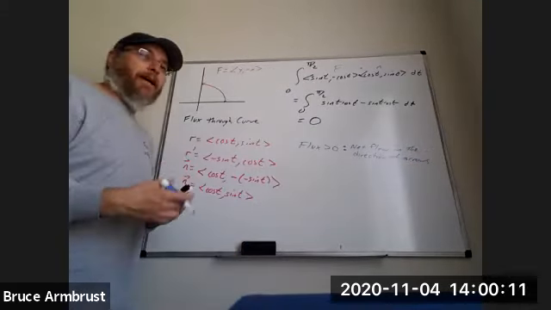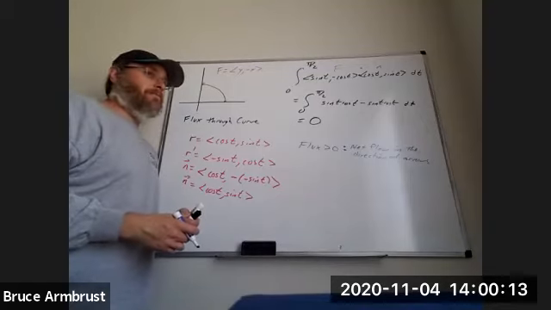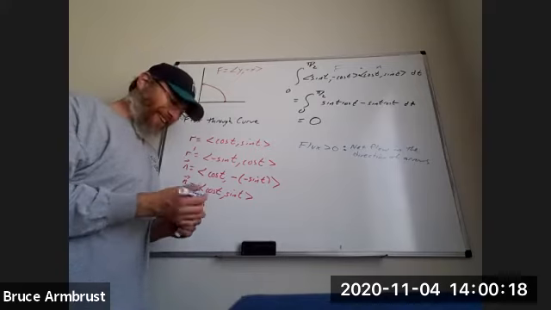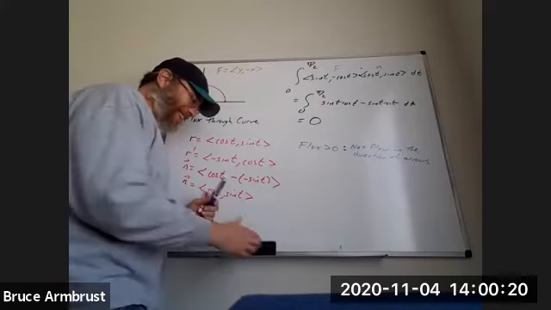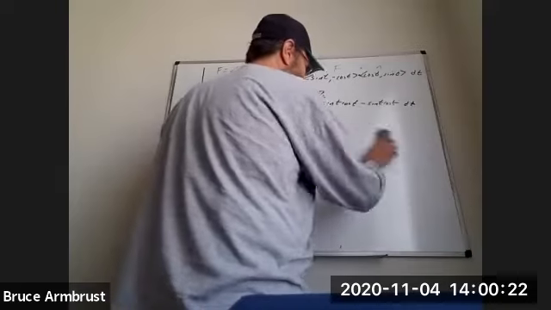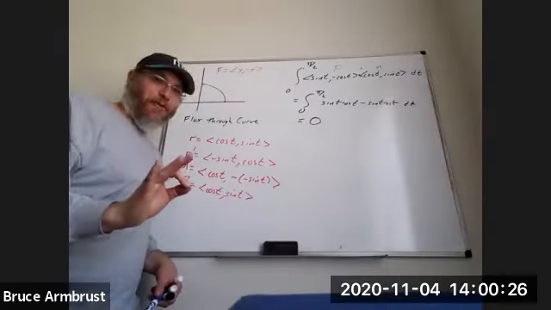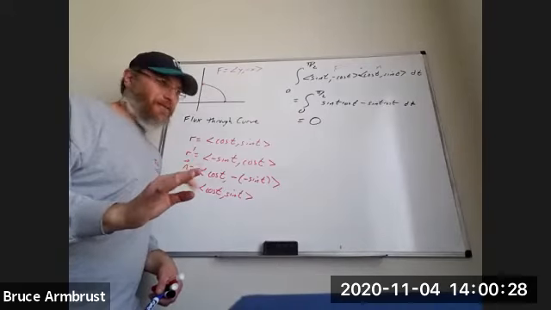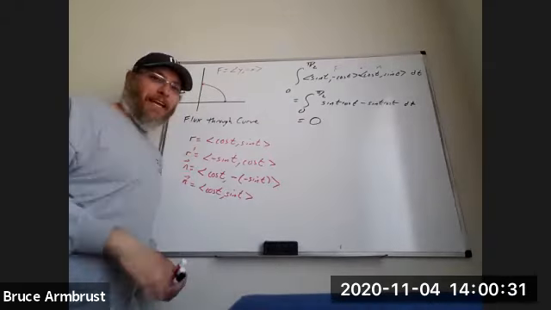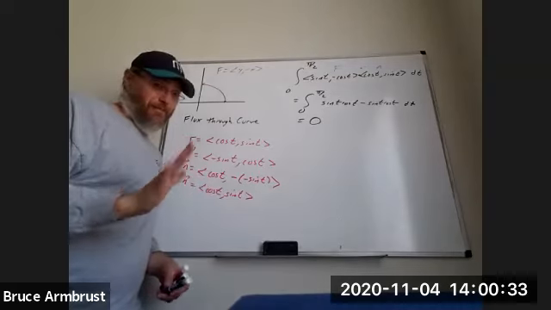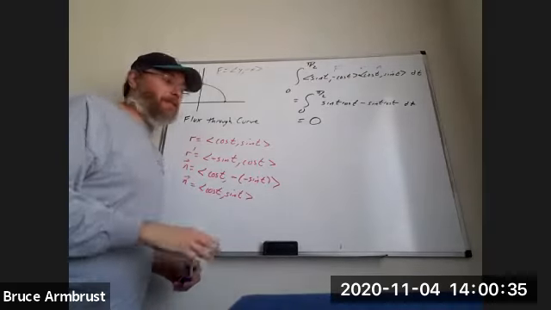Actually, I don't like how this is going. Let's start with what 0 flux means. No. Okay, positive flux and negative flux are just different directions. Let's just go there.